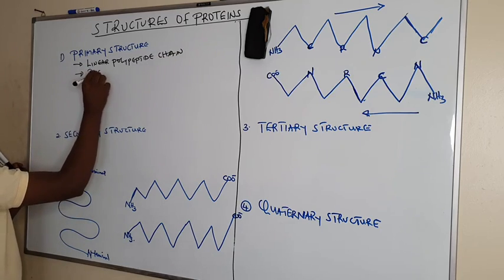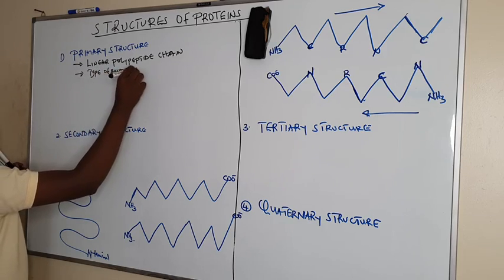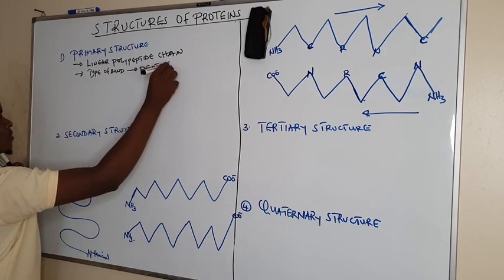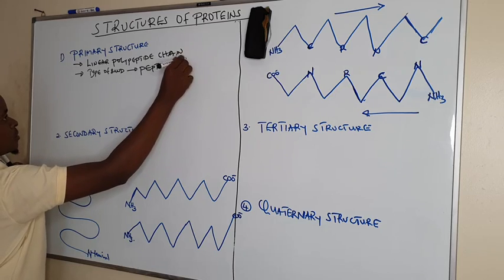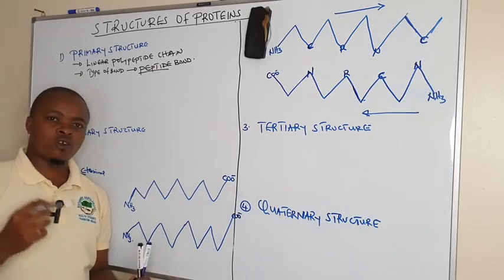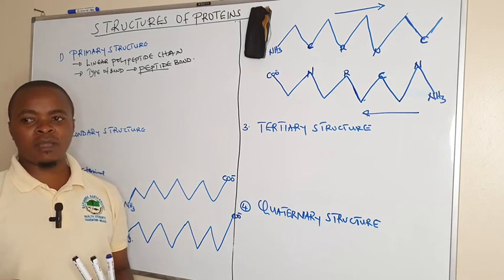The type of bond in this linear structure is called the peptide bond. So we are seeing the peptide bond holding this linear structure of different amino acids.